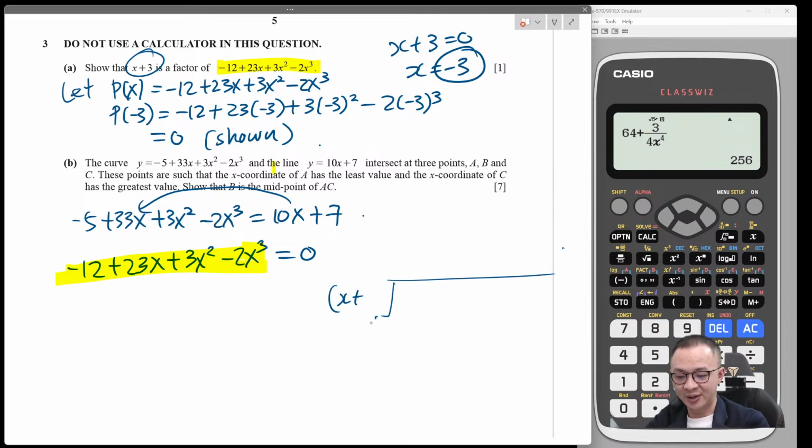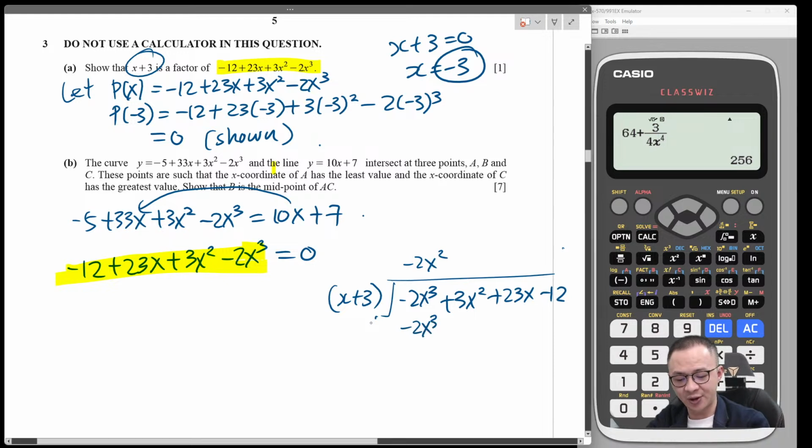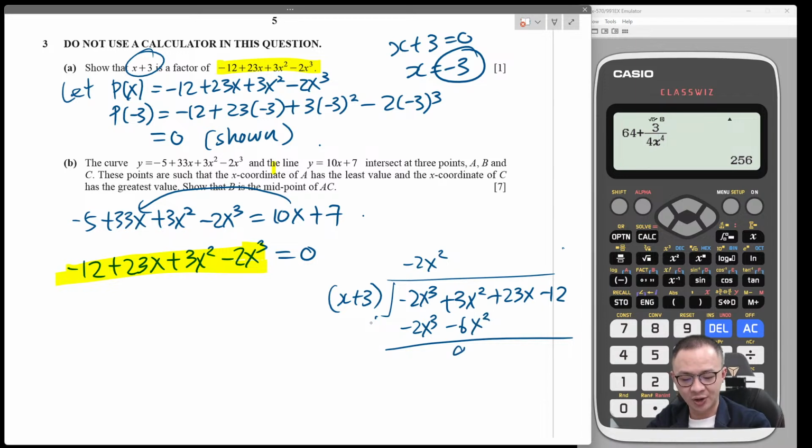So x plus 3 goes outside, and inside -2x cubed plus 3x squared plus 23x minus 12. I will do -2x squared, giving -2x cubed minus 6x squared. So I should get 9x squared plus 23x.